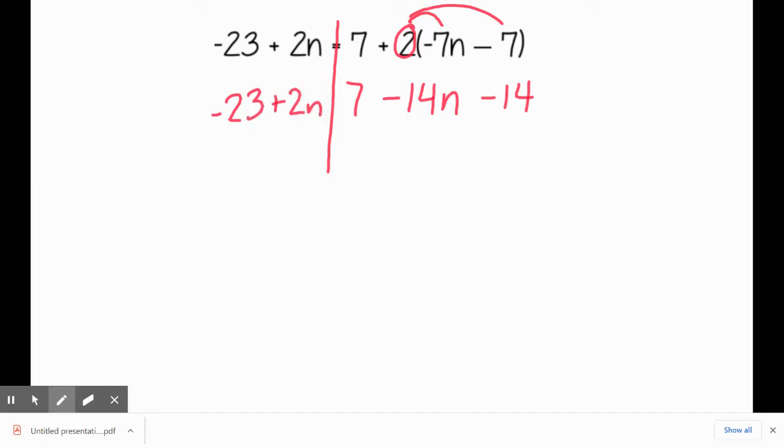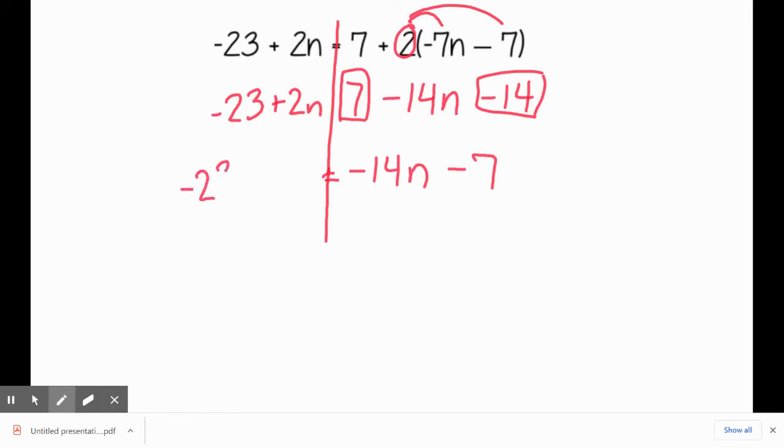Now I see I've got some like terms to combine, so I'm going to combine the 7 and the negative 14, which is negative 7. So that's going to become negative 14n minus 7, still equals negative 23 plus 2n.